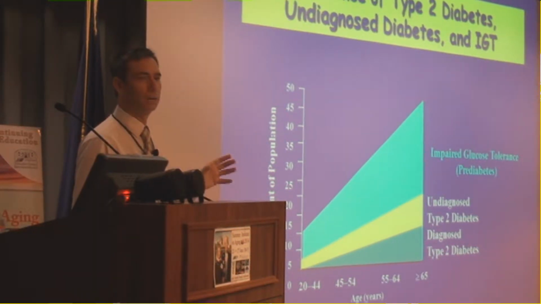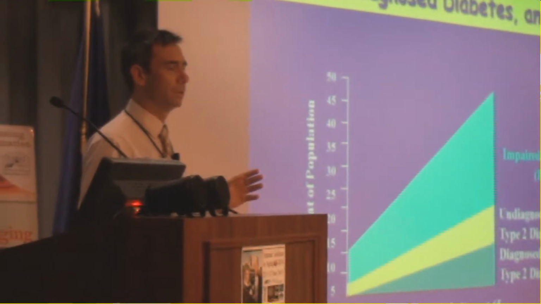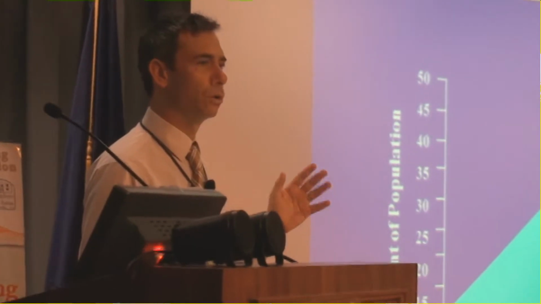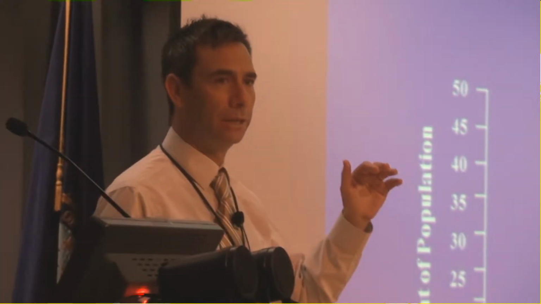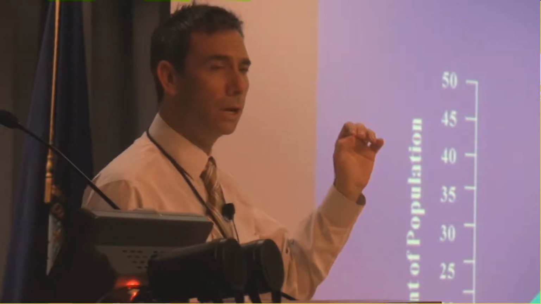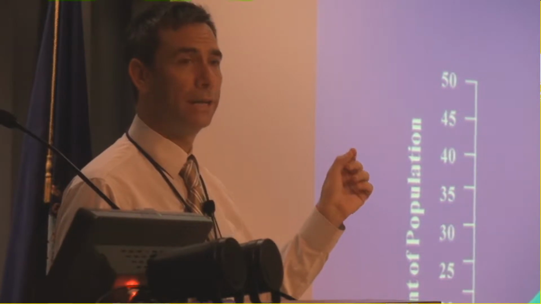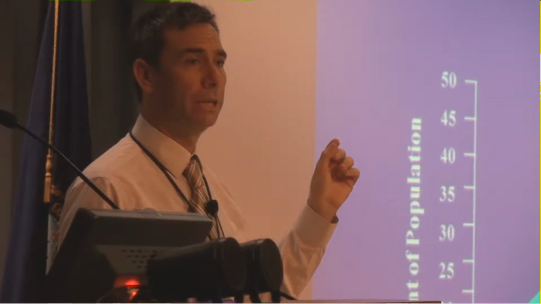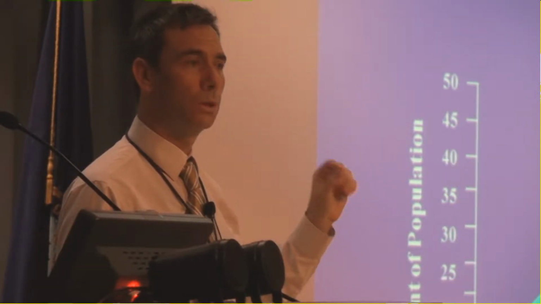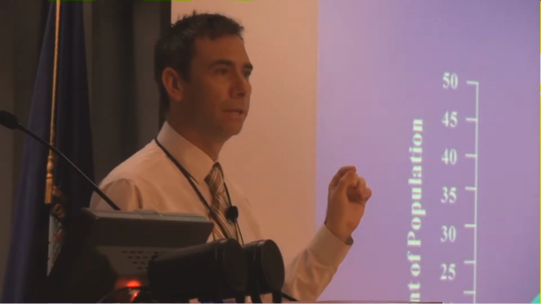Depending on the blood glucose level at 2 hours, the person can be classified as having normal glucose tolerance if the glucose level at 2 hours is up to 139. If it's between 140 and 199, we call them glucose intolerant or pre-diabetic. Those terms are the same.